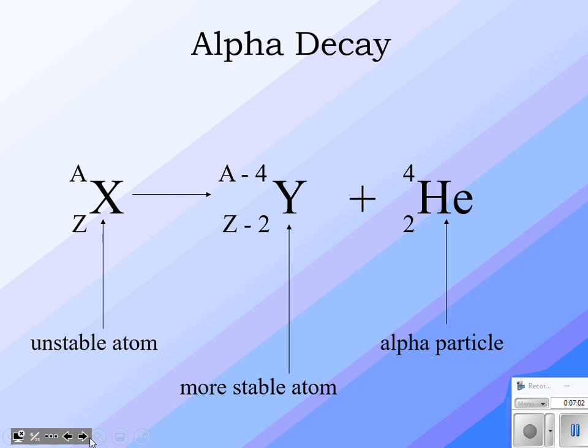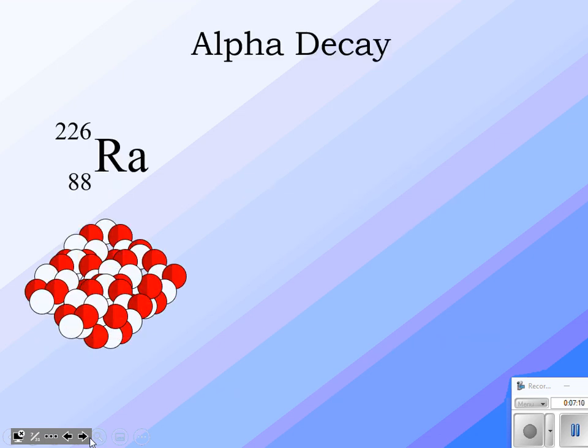Now, I think we can do some good math, can't we? Some addition and subtraction. I don't think we're too bad at that. So let's look at this. Here I have, I think that's radium. Let me double check. Yep, here I have radium. Radium has 88 protons, and its atomic mass is 226.